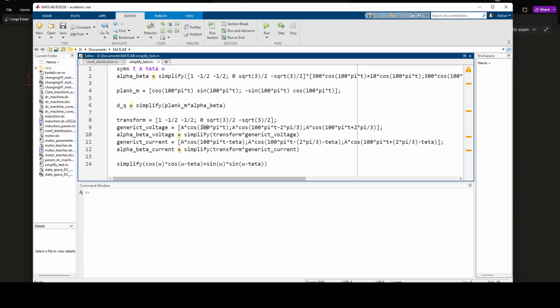In this case it is 100 pi, just leave it like this. Here we have minus 2 pi over 3, and here plus 2 pi over 3. If you remember, in one of the previous videos we did this; actually, we have it here with 300 instead of A. I'm going to do the same for a generic current. We have an amplitude and cosine of omega t minus an angle, and here the same: minus 2 pi over 3 minus that angle, and plus 2 pi over 3 minus that angle.